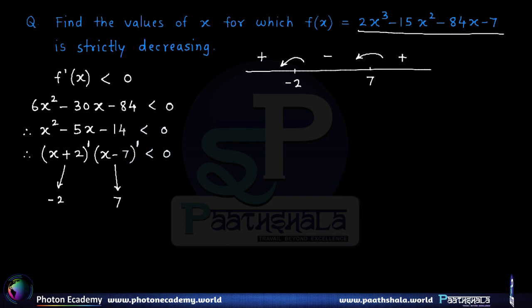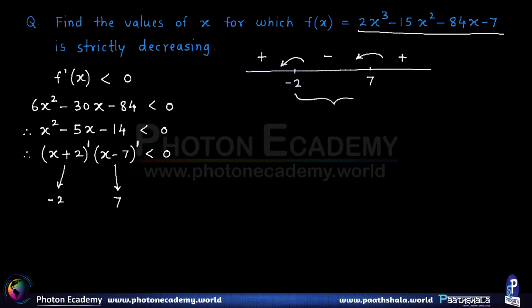The idea behind this plus minus is that the region wherever we have written plus gives the inequality of greater than 0. But we want the inequality to be less than 0, which is given by the region where we have written the negative sign. So it is this region in which the expression (x plus 2)(x minus 7) is negative.